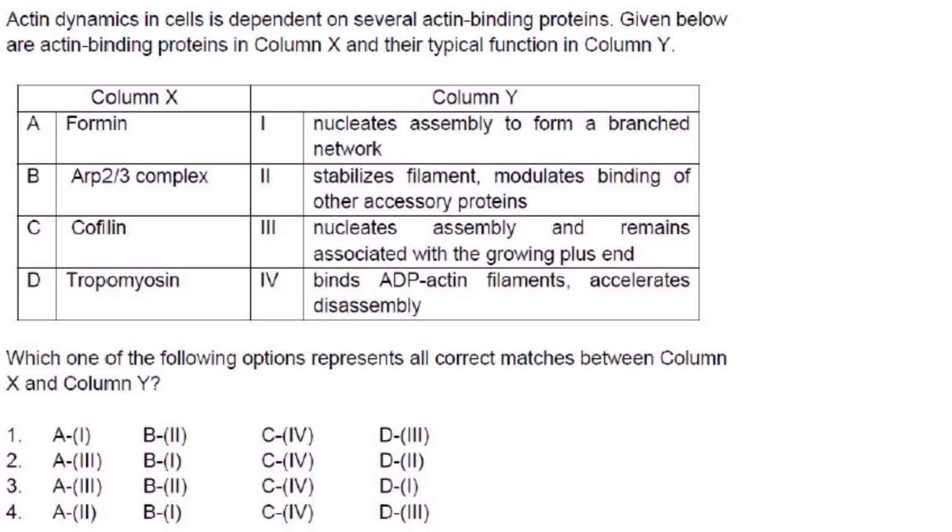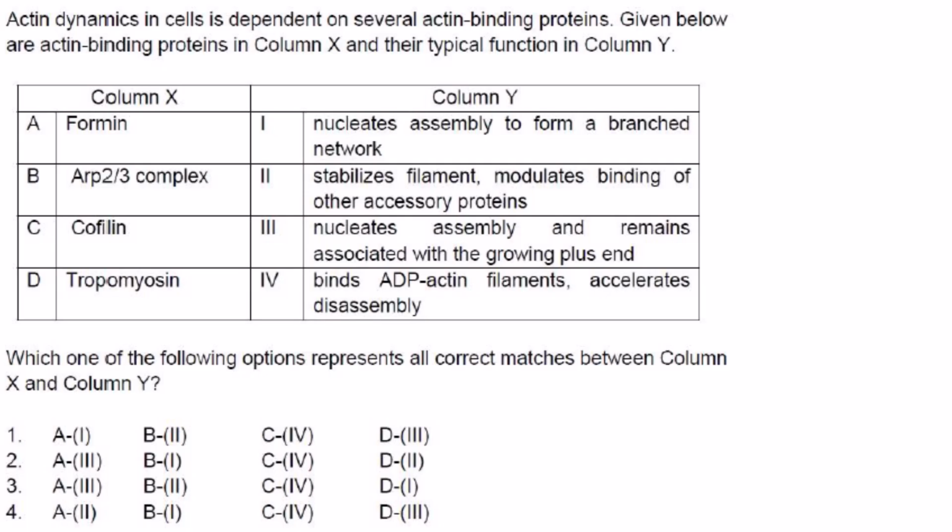So formin helps in initiation or nucleation of new actin filaments, and it remains attached to the growing end of the actin filament and helps in continual growth of the actin filament. So that is what formin does.